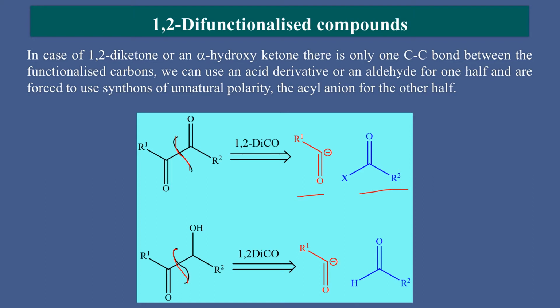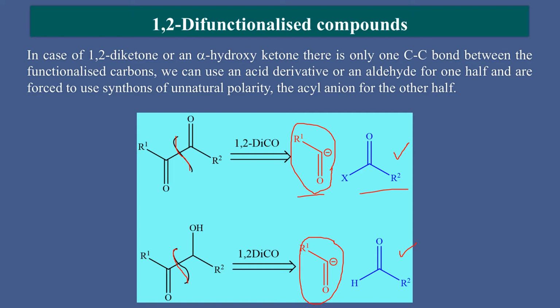One synthon can be an acyl derivative or aldehyde, but the second synthon is of unnatural polarity, that is acyl anion. This one is acyl anion.